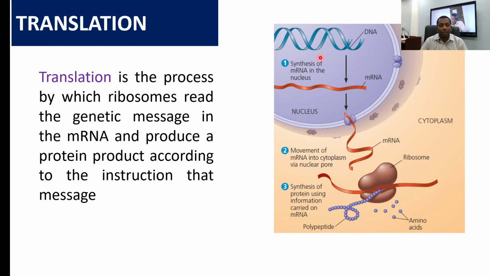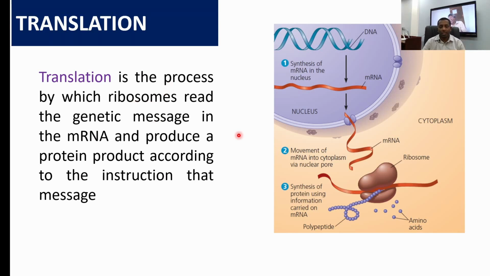Synthesis of messenger RNA takes place in the nucleus through a process called transcription. Then it undergoes mRNA processing. Then these processed mRNA molecules enter the cytoplasm for the translation stage.